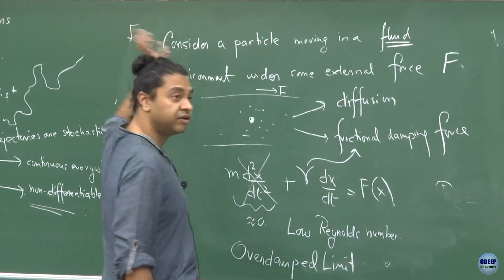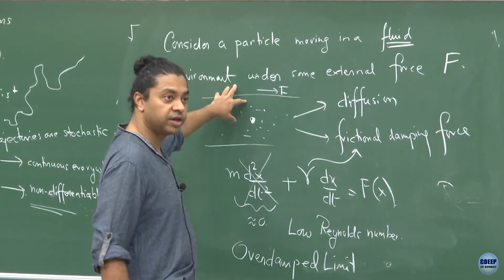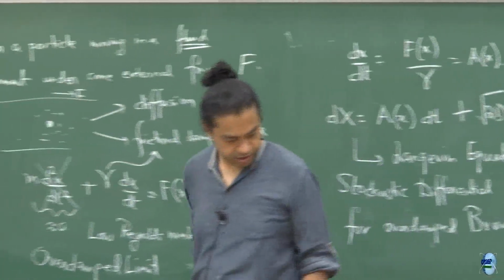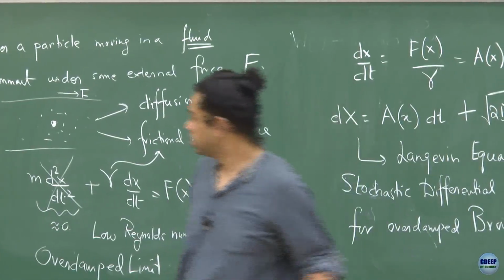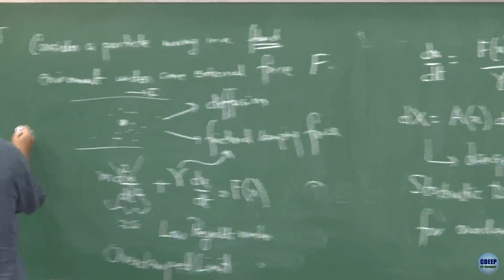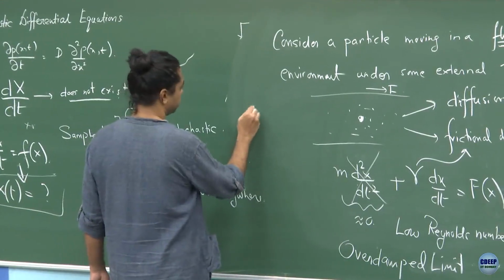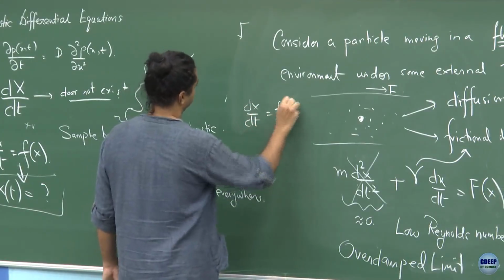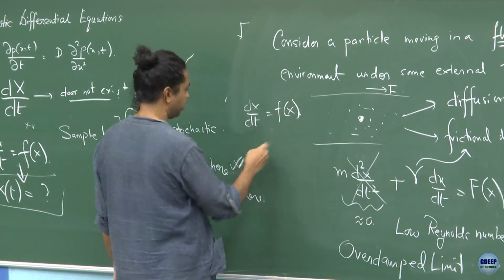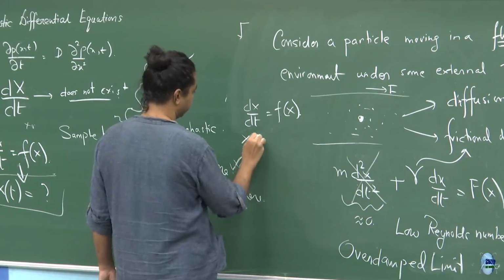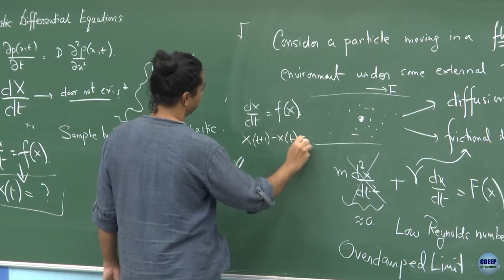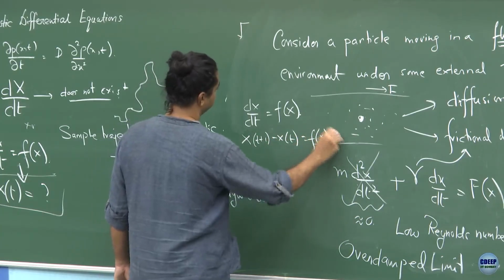In the ordinary differential equation setup, yes. The distance covered is the sum of the displacement. So, I had this dx by dt is f of x. So, this is just x at time t plus delta t minus x at time t is f of x times delta t.